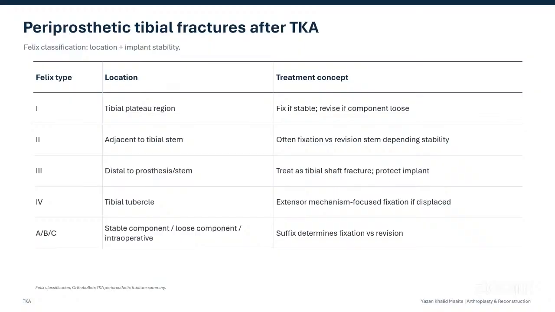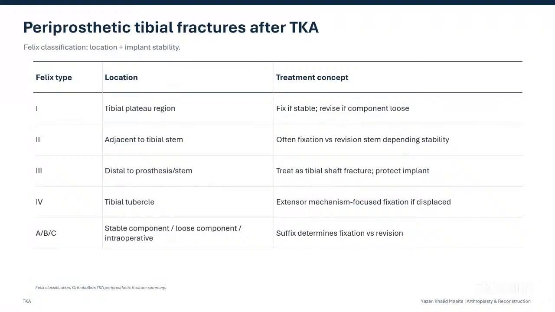Periprosthetic fracture happening in the total knee arthroplasty around the tibia. The Felix classification classifies by location and implant stability into four types: 1, 2, 3, and 4. Type 1 is around the tibial plateau region. The treatment options: fix it if it is stable, revise it if the component is loose.